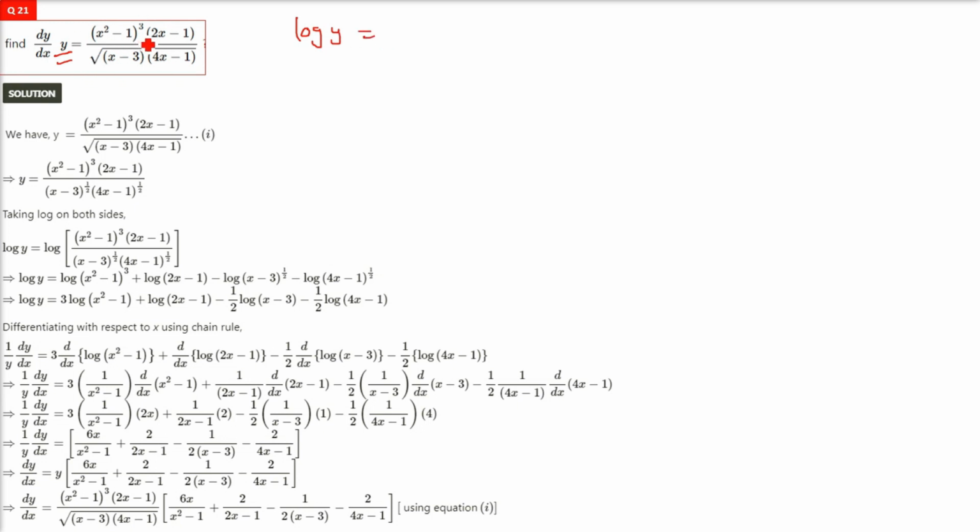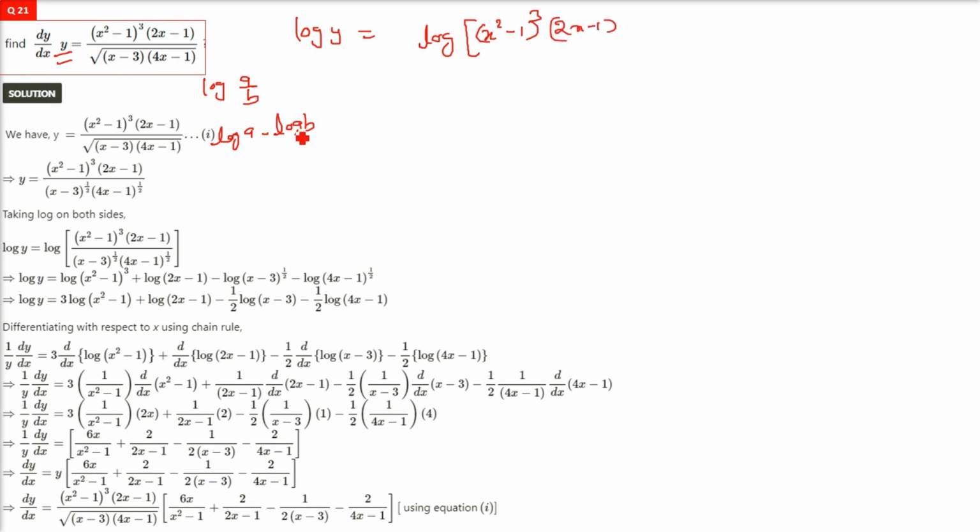Log I am taking. Please remember, log a by b is nothing but log a minus log b. So log a minus log b will do, a is the numerator, b is the denominator. So log, this is x square minus 1 to the whole cube, then this is 2x minus 1.